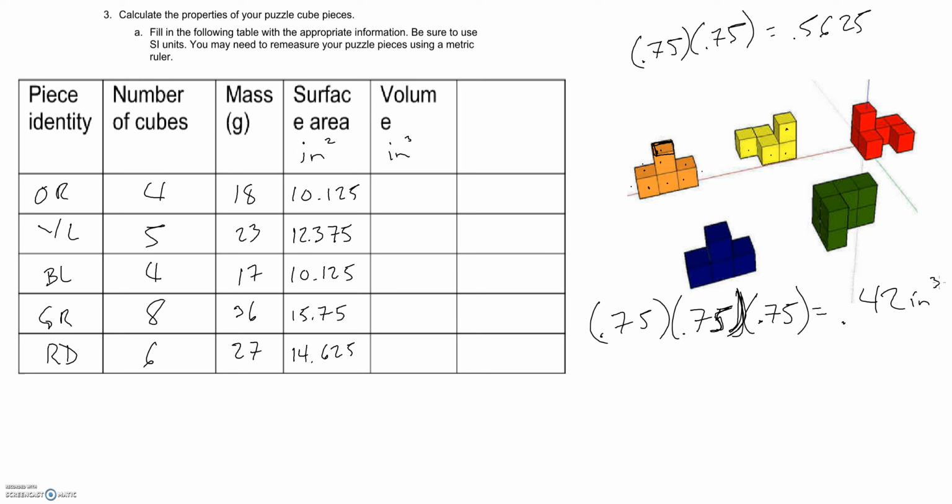That is the volume of just one of these cubes. So all I have to do is count up the number of cubes, 4, 5, 4, 8, 6, and multiply it by 0.42.